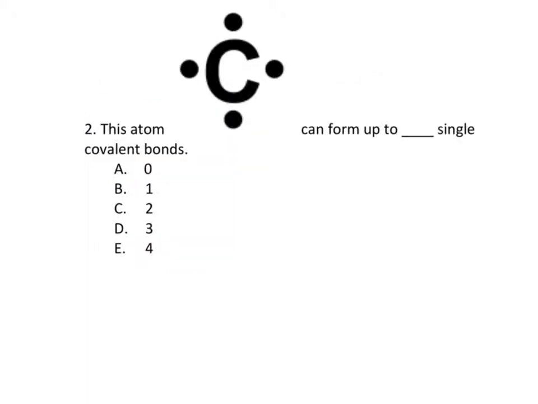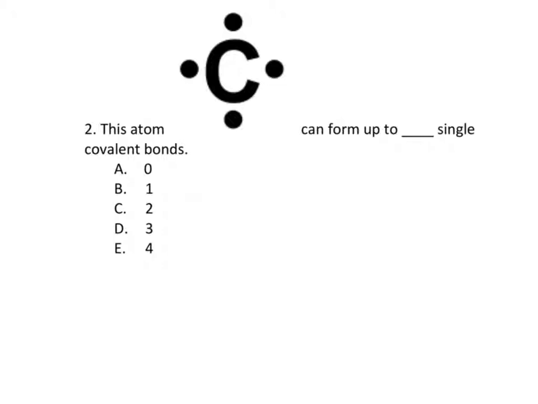Our second question reads, this atom, carbon, can form up to blank single covalent bonds. A, 0, B, 1, C, 2, D, 3, or E, 4.